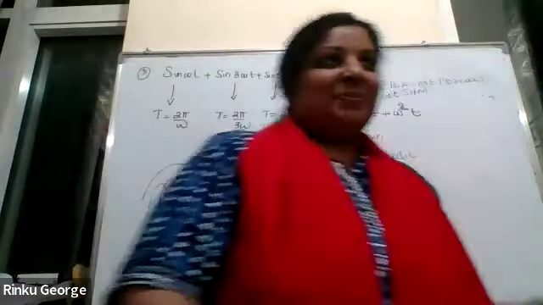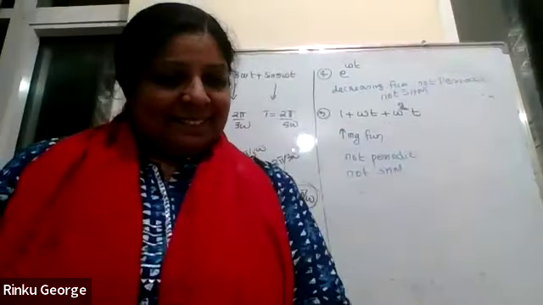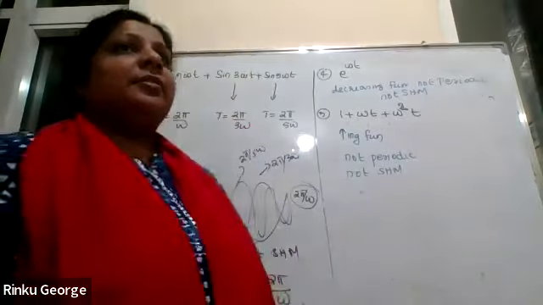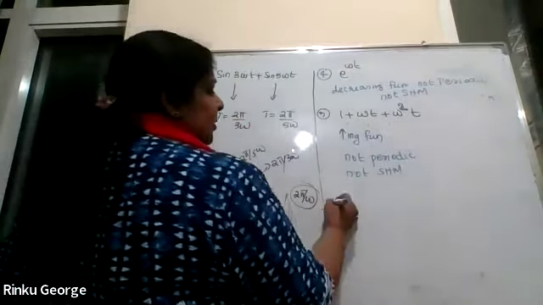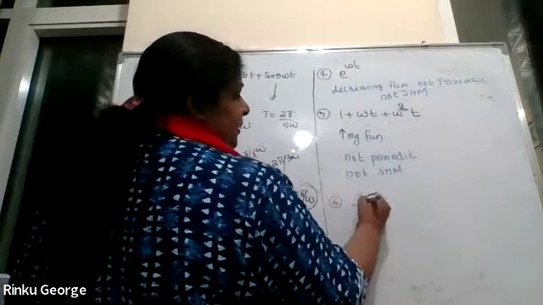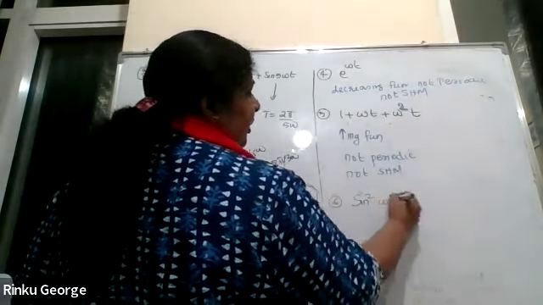I'll give you one homework question from this type. Sixth question, homework, the same type: sine square omega t.